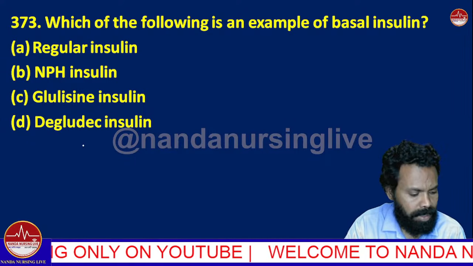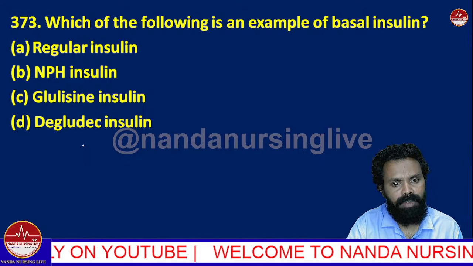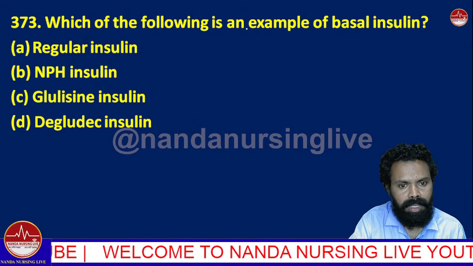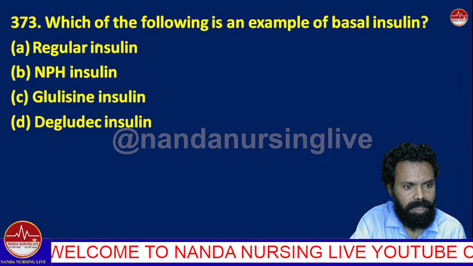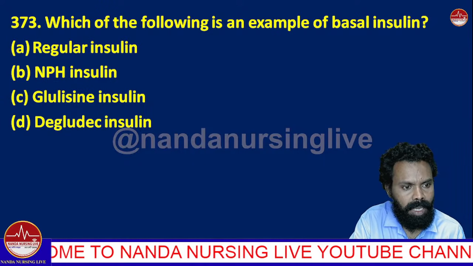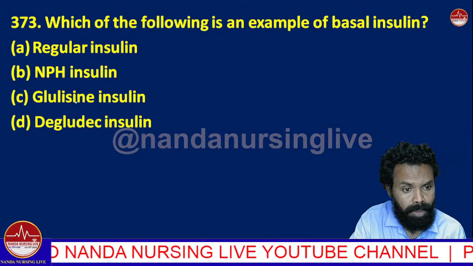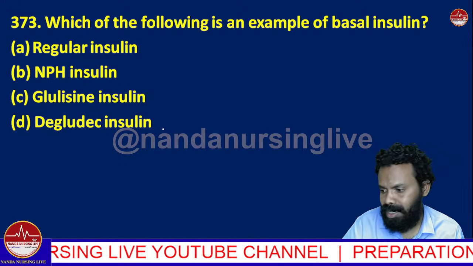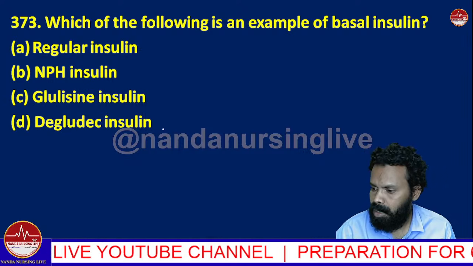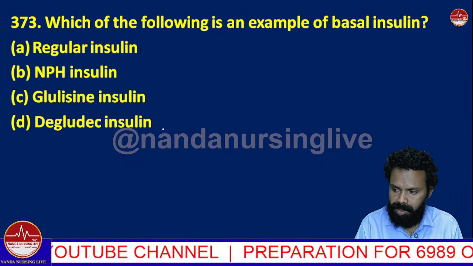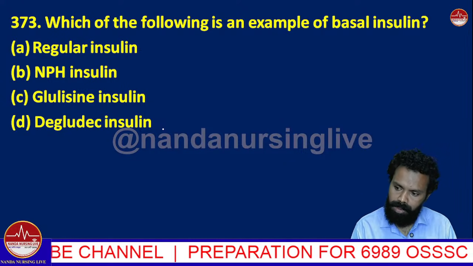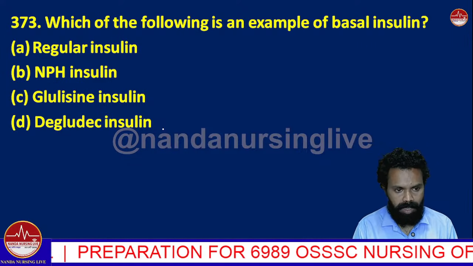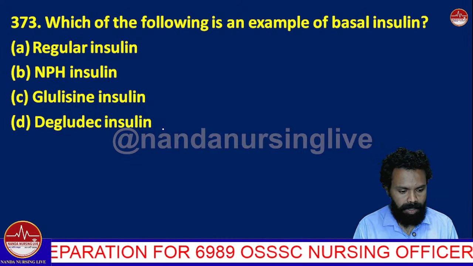Next question, question number 373. Which of the following is an example of basal insulin? Option A is regular insulin, option B is NPH insulin, option C is glulisine insulin, option D is degludec insulin. So which option is the correct answer, beta?